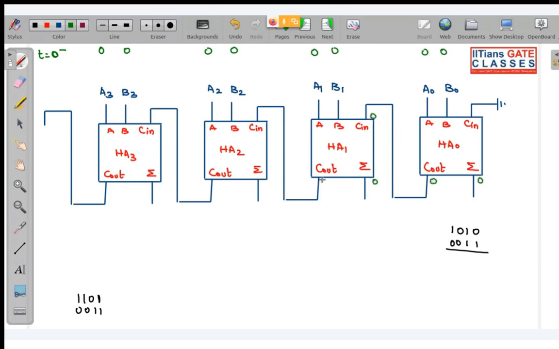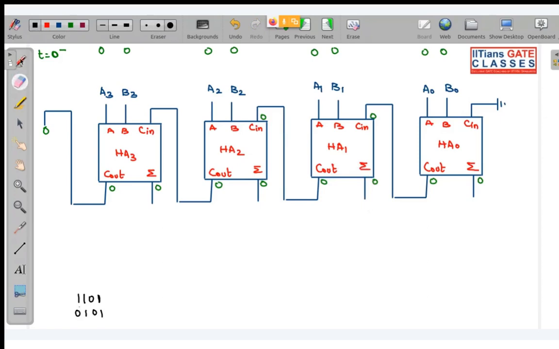So still green color will correspond to everything that was present at 0 minus. 1101 and 0101. Okay, sorry. 0101. Okay. So now look.